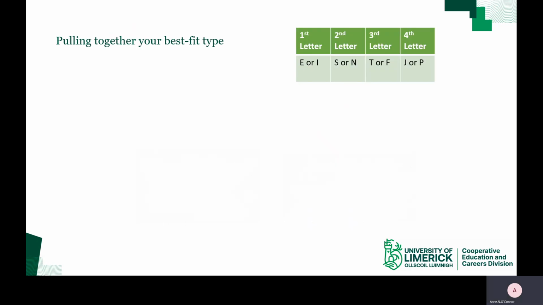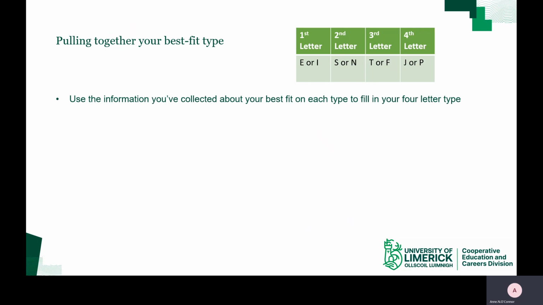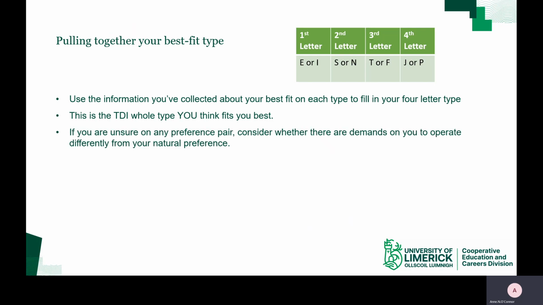Okay. So now you're maybe wondering, what is all this about? It's called pulling it together and your best fit type. What I would like you to do is take the letter from each of the exercises we have done, and it will give you a 4-letter type. This is the TDI whole type that you think fits you best.